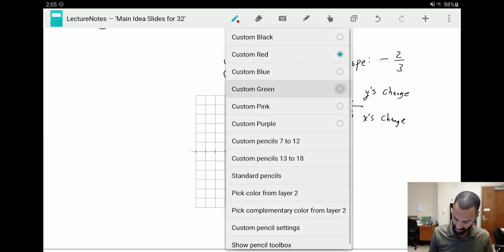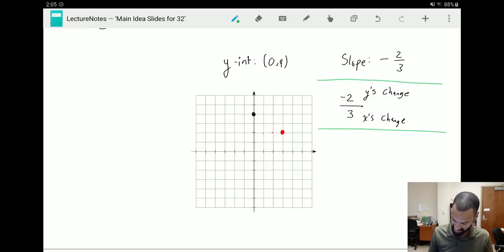That's one way to do it. Another way to look at it would have been to say this is the same thing as 2 over negative 3. Think about that for a second. Negative 2/3, that negative has to go either in the top or the bottom. It can't go in both, because if you have a negative on top and bottom, it would come out to be a positive 2/3. So if we decide it's on the bottom, we have a positive change in y, positive 2, and x's change is now negative 3.